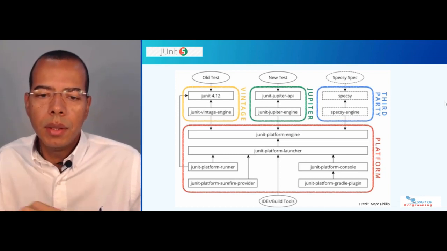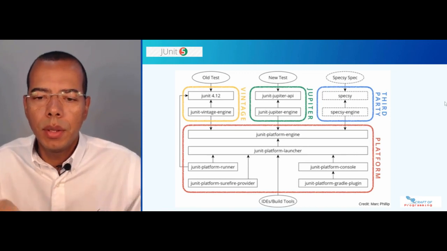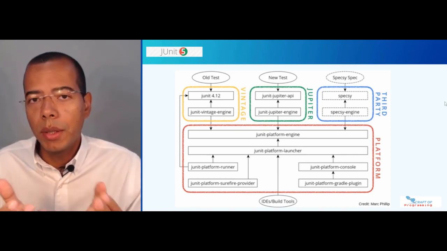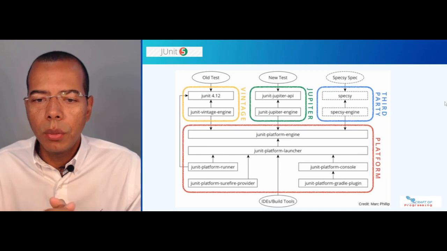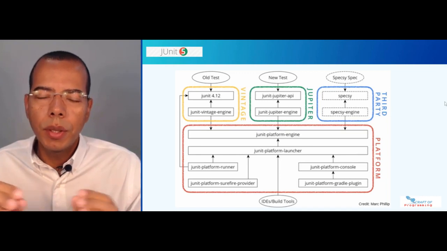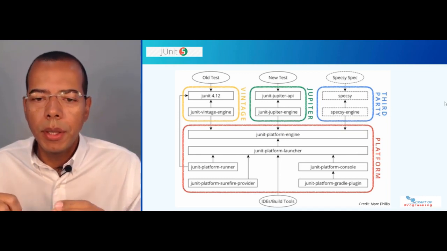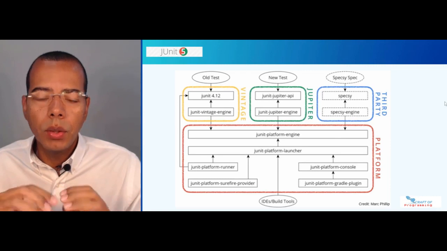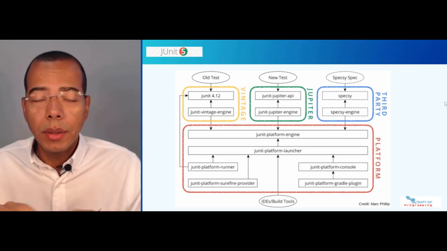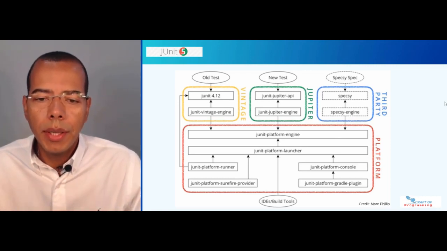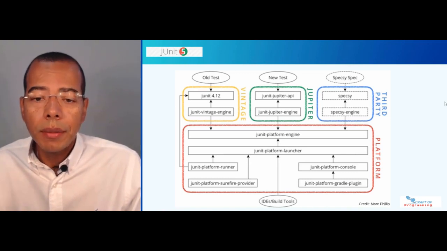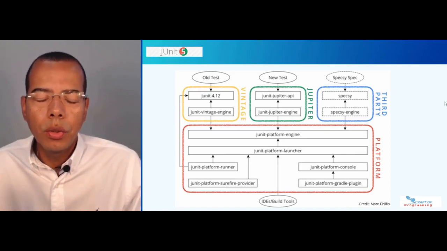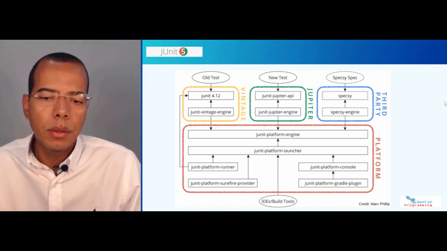Notice that if you're writing a JUnit 5 test, you depend on the Jupiter API, and you don't care about what's under the hood. There is a Jupiter engine which effectively implements the API. The Jupiter API is a jar that mainly contains just interfaces.